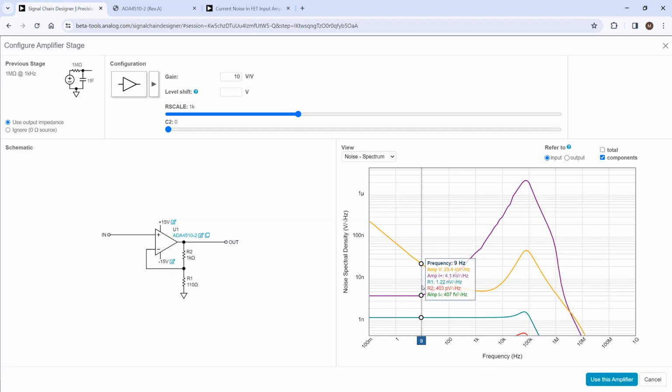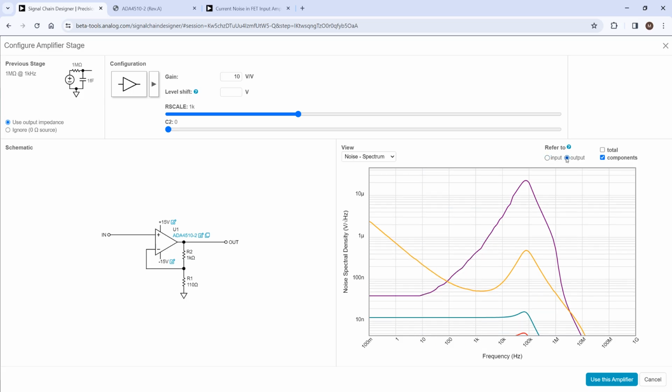And if I go here and look at 10 hertz, I'm getting 4.2 nanovolts per root hertz. I'm getting that because you take that 4.2 femtoamps, multiply it times a megaohm, and that's how you get your 4.2 nanovolts per root hertz. We're doing referred to input, so we're good there.